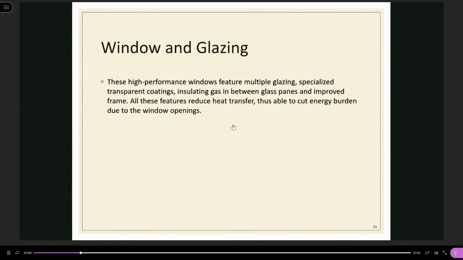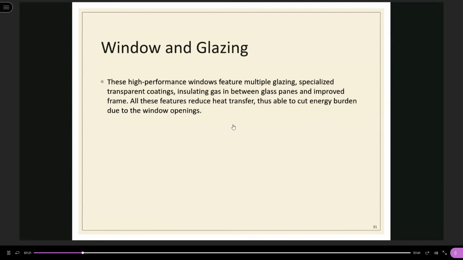High-performance windows feature multiple glazing, specialized transparent coatings, insulating gas between the glass panes, and improved frames.